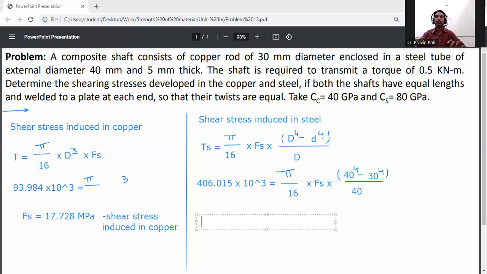So the shear stress in steel is 47.26 MPa. So the shear stress induced in copper is 17.725 MPa and in steel it is 47.26 MPa. These are the shear stresses induced in the given composite shaft under torsion.